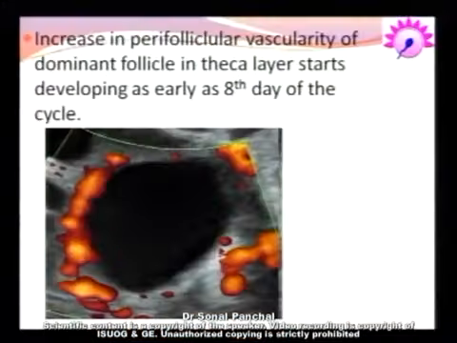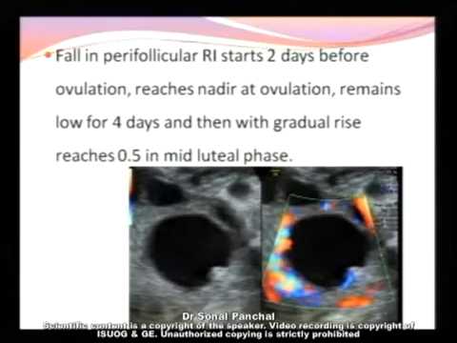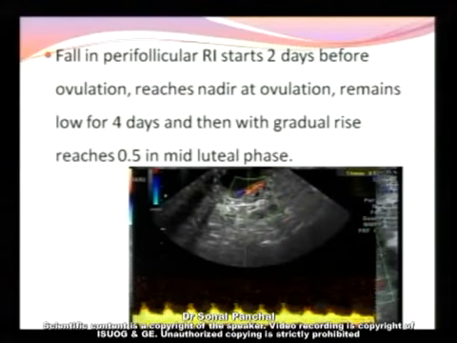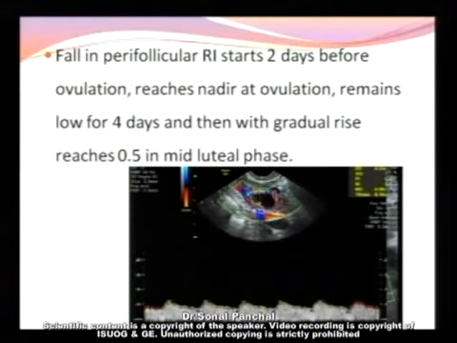Coming to the Doppler, the follicle starts pulling the vessels towards it about the 8th day of the cycle, when the dominance has already been established. But the flow keeps on increasing, though the RI, the resistance, starts decreasing only 2 days prior to ovulation.